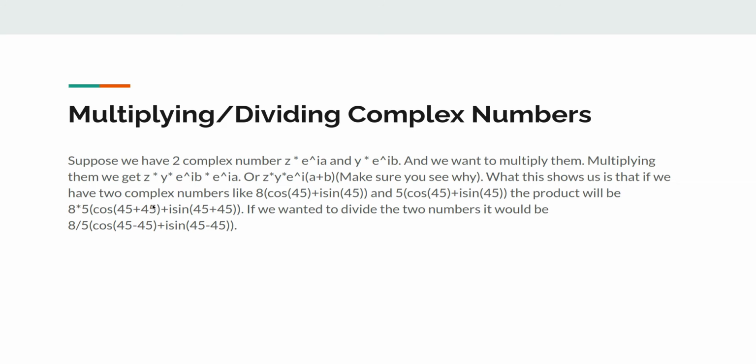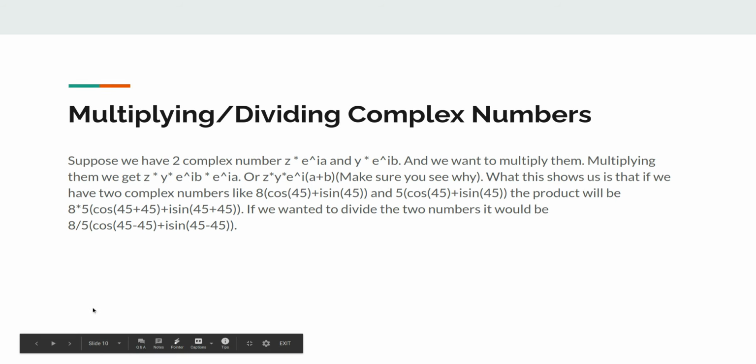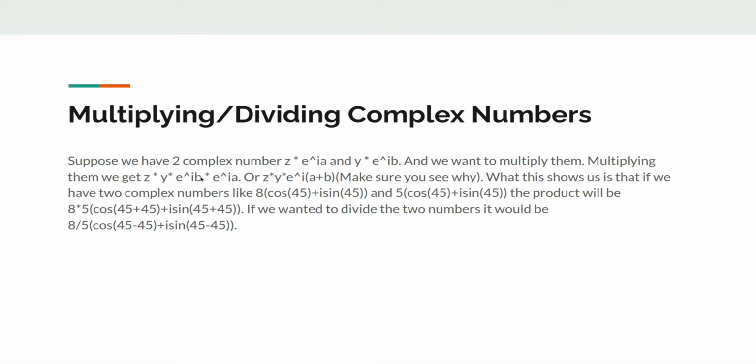You can easily find that cosine 90 is 0 and sine 90 is 1, and simplify. If you want to divide them, you do 8 over 5 times (cosine of 45 minus 45 plus i sine of 45 minus 45). So it'll just be cosine 0 plus i sine 0, which is just 1 here. You get that, right?